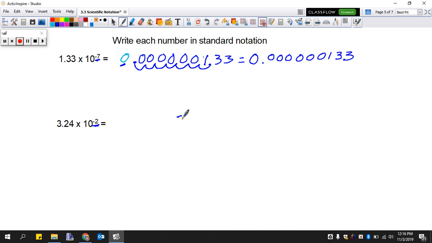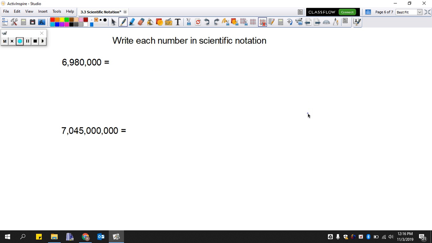Our next example is going from standard notation to scientific notation. So remember, if we have a whole number, then know that the decimal point is at the end. Okay, so it'd be right here. And we want it to end up right here where that comma is. It's not always with the comma; that's just the way it happened to work out this time.